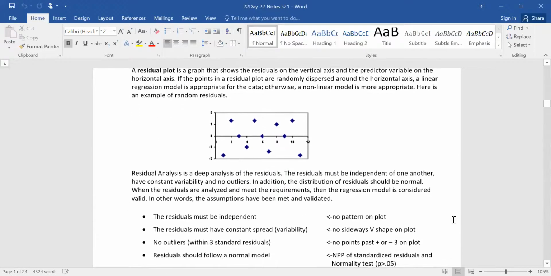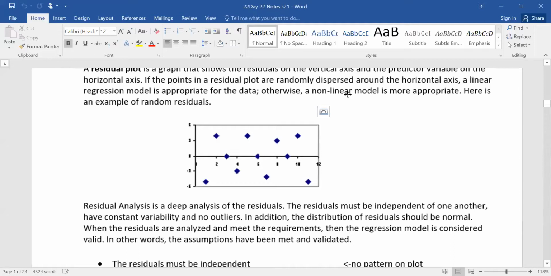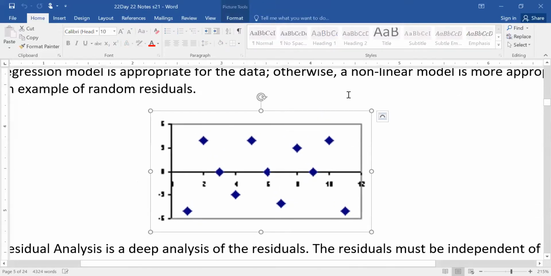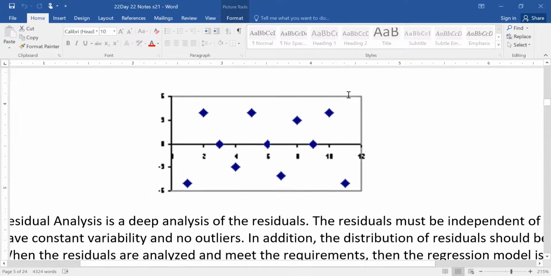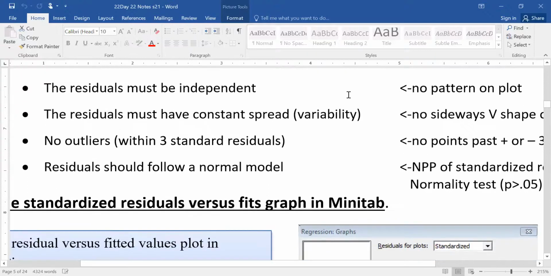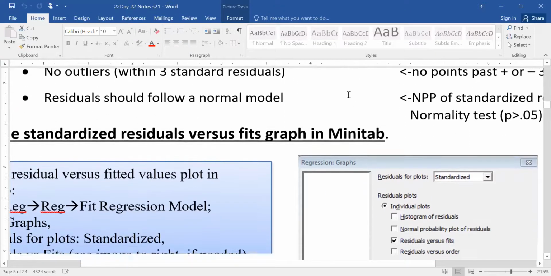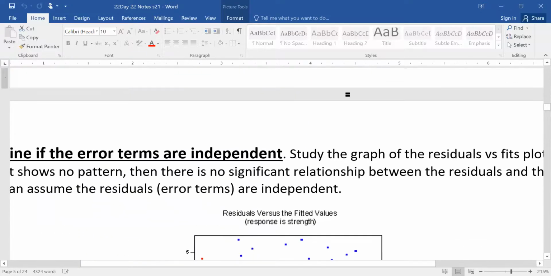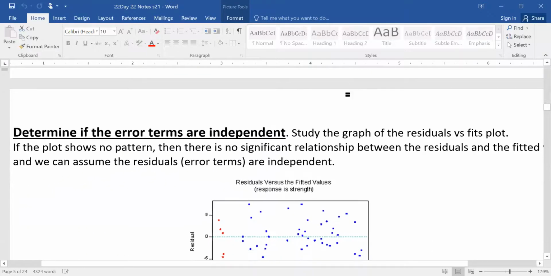So this little graph right here is the kind of plot we're going to look at, the residuals versus the fitted. So let's just look at the different ones. Here are all my requirements right here. This is just some directions on how to do it. I'm going to show you that in a few minutes.